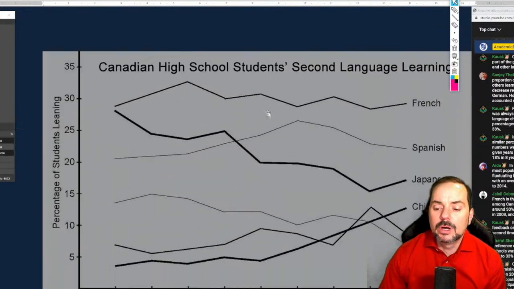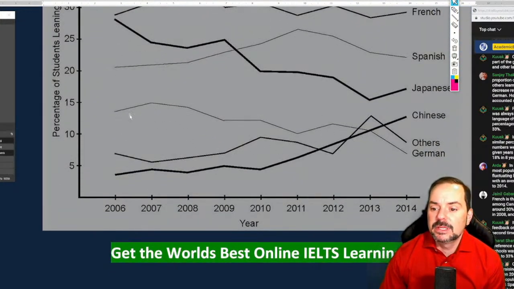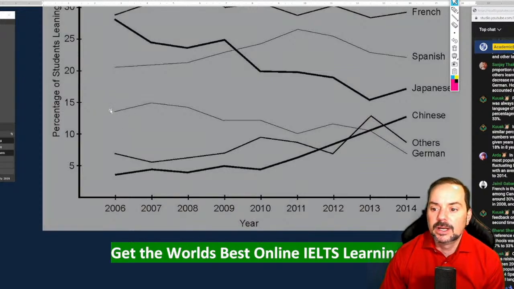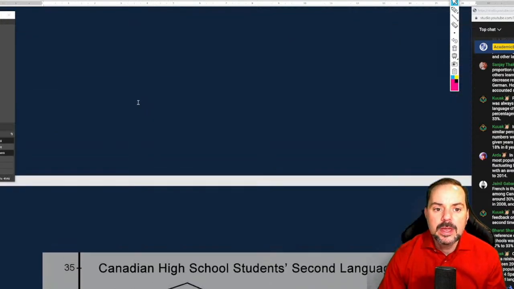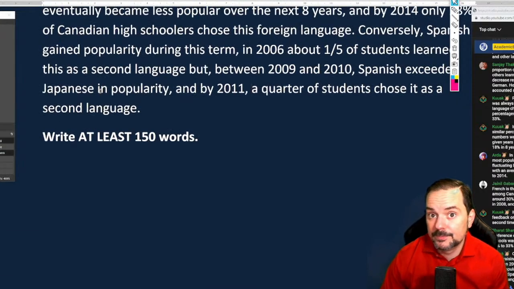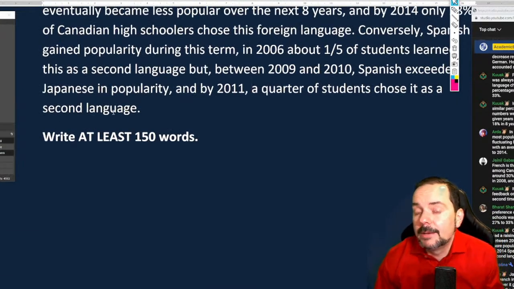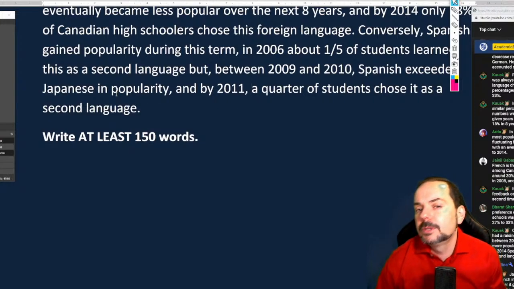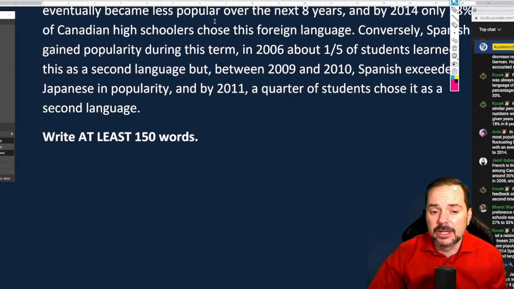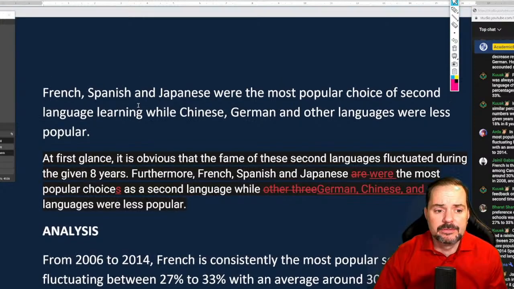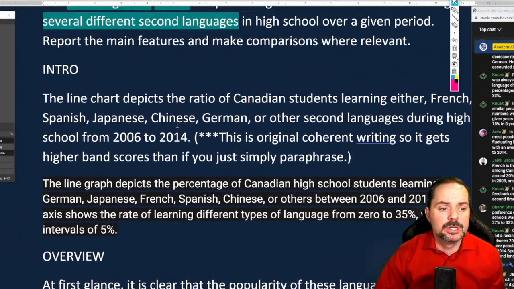Okay, so let's take a look at those last three languages. All right. Now, if I'm running out of time in the IELTS, which I kind of am during the class, then I have to be really clever in how I write about these last three. And I probably already have a good close to 150 words. Let me see how many words I have here.